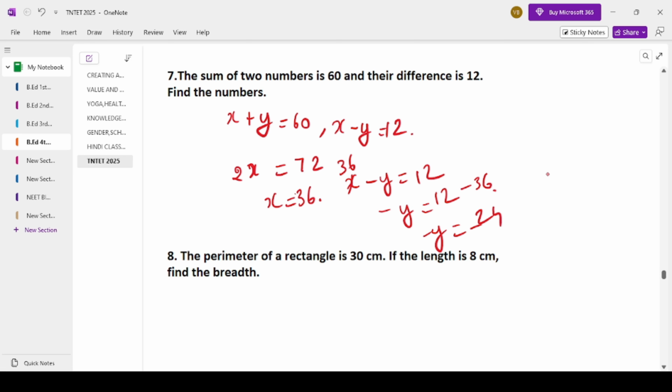So 24 will be y. So this is how the answer is 36 and 24.